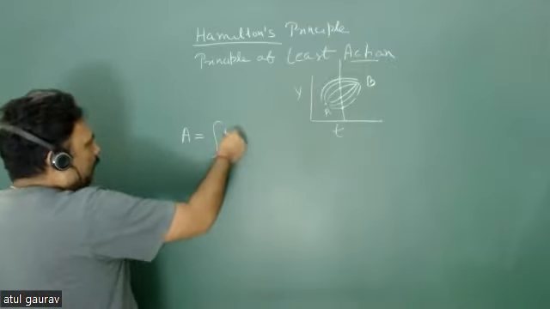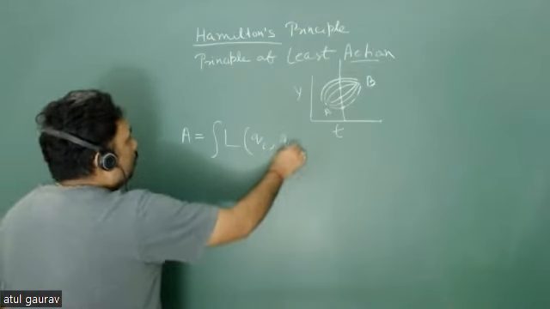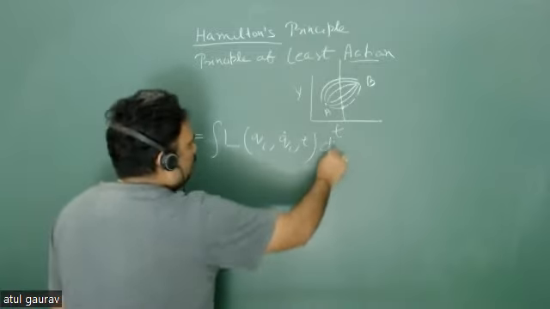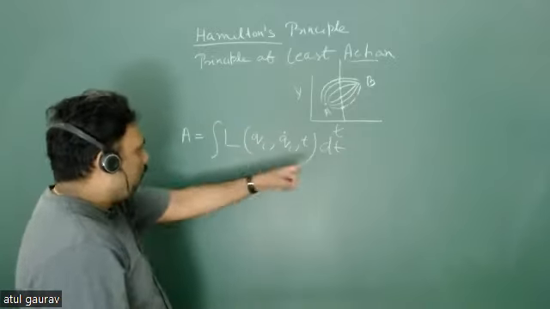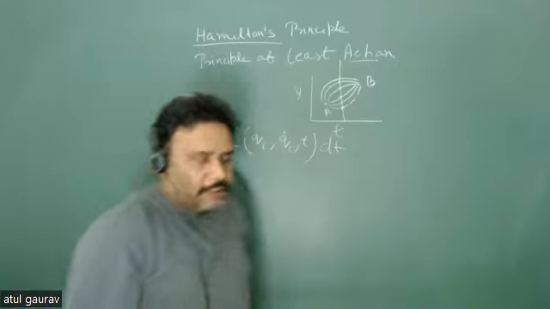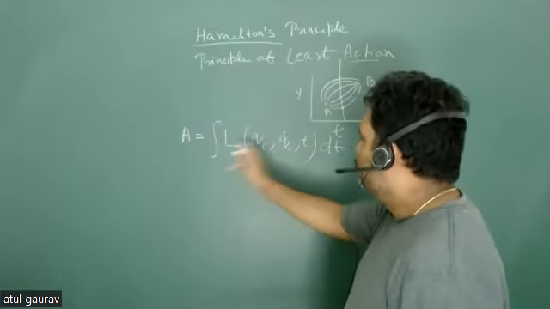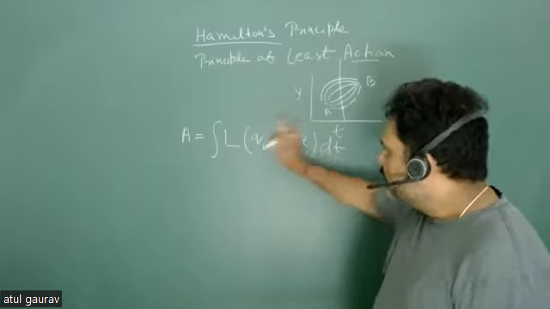Action is the integral of L dt, where L is a function of generalized coordinate, generalized velocity, and time. Are you getting my point? This is action.